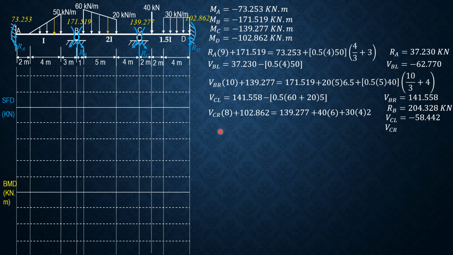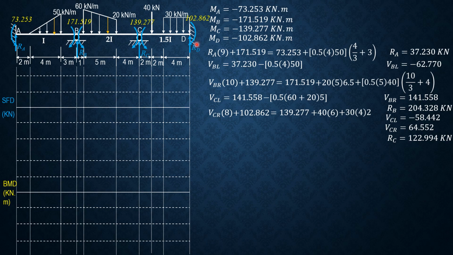So shear at C just to the right is equal to 64.552. R sub C is 64.552 minus negative 58.442, so just add, get the absolute value, 122.994 kilonewtons.